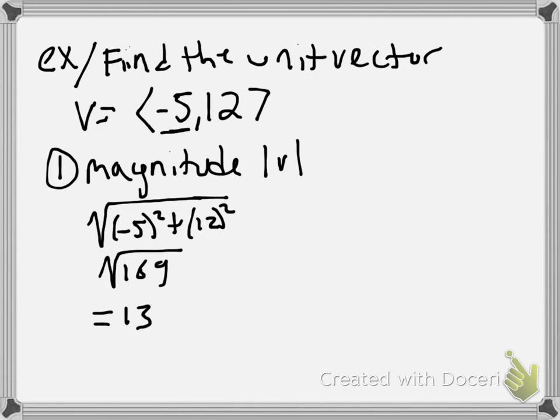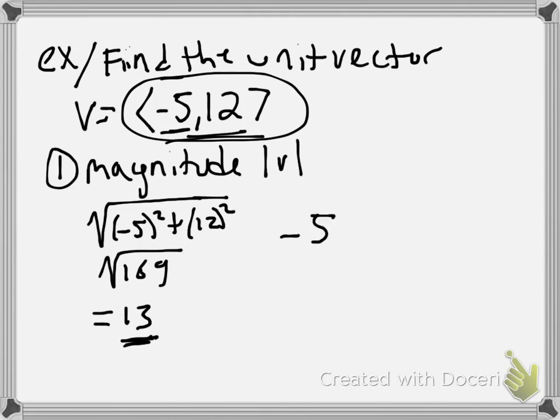Okay. So now, basically, what we're going to be doing is dividing each of these parts right here by our magnitude, because there's our vector, and there's our magnitude. So there's a couple different ways that you can write this. You can write it as -5 over 13 i plus, in this case, 12 over 13 j.